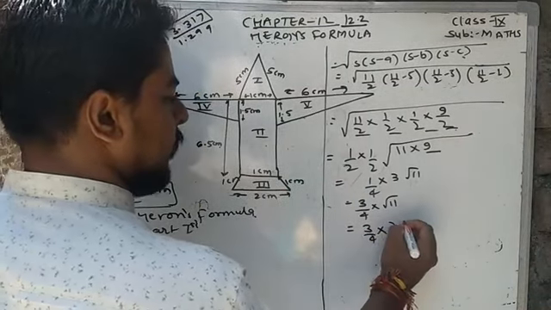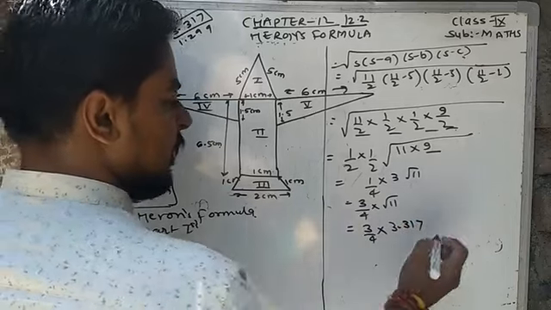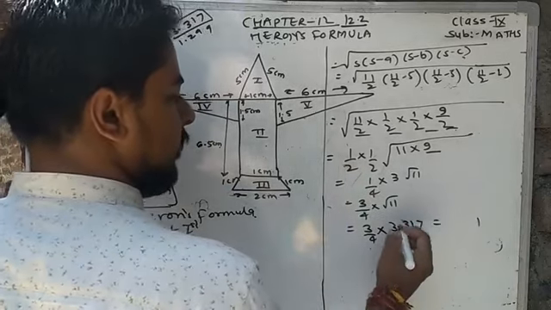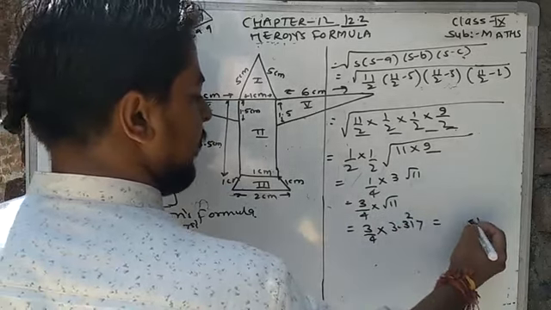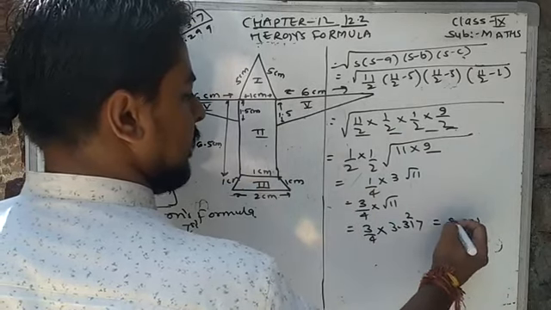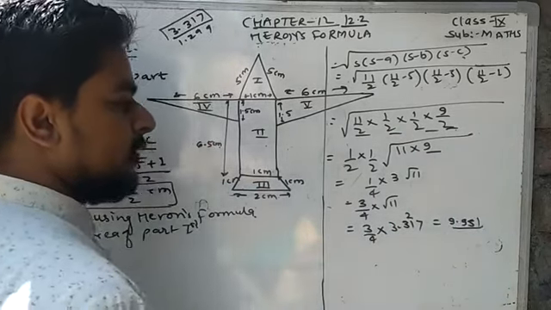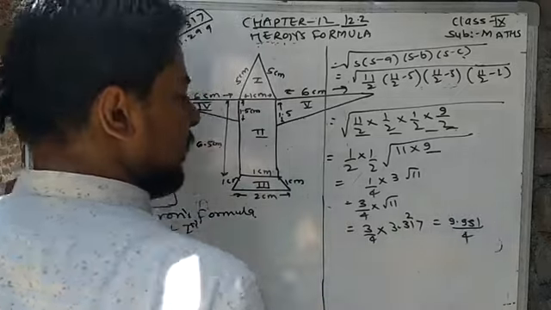Multiplying 3 by 3.317 gives 9.951, and it is divided by 4.